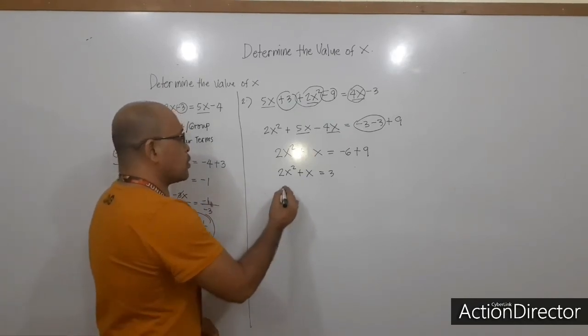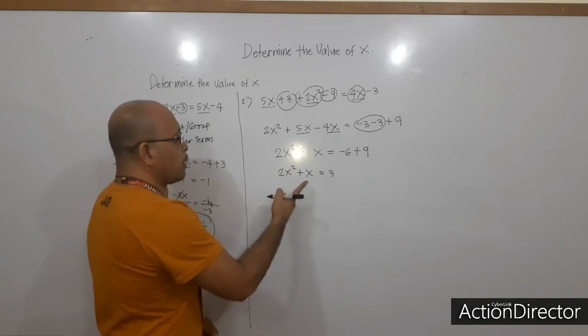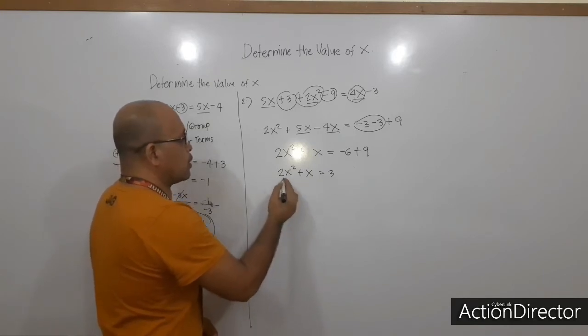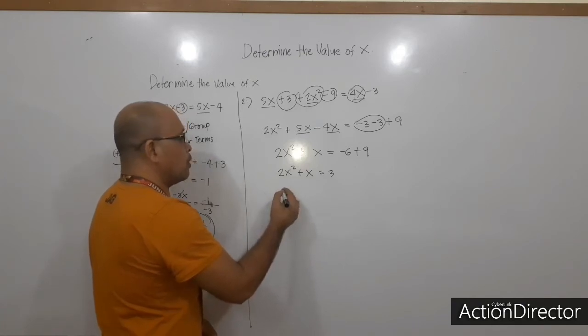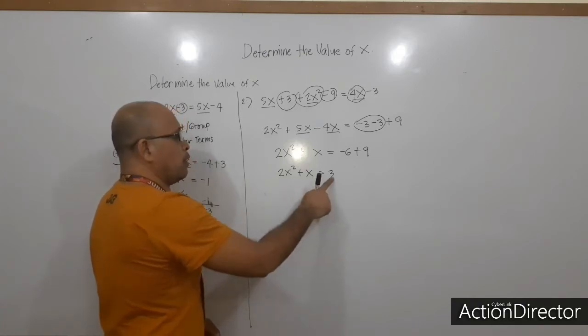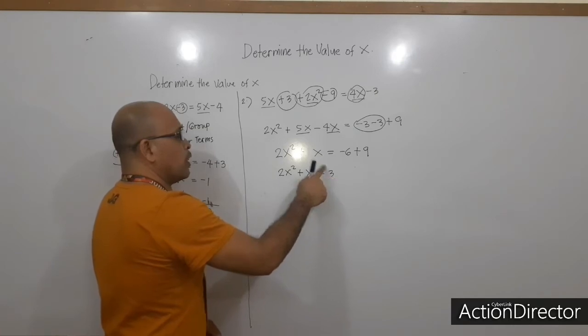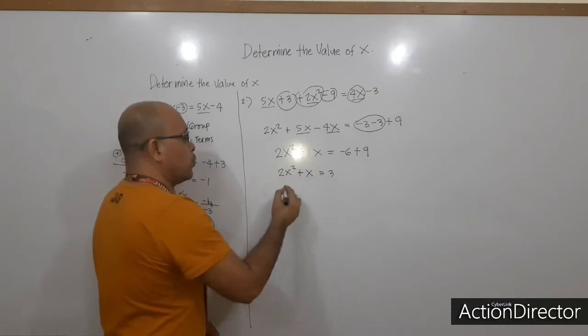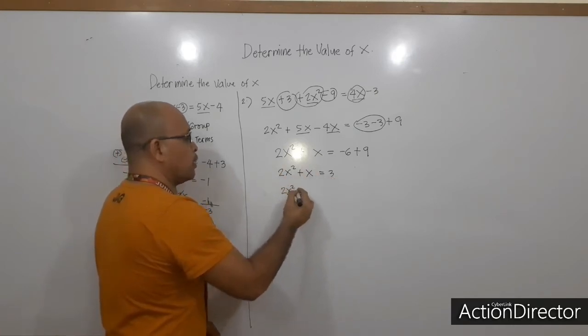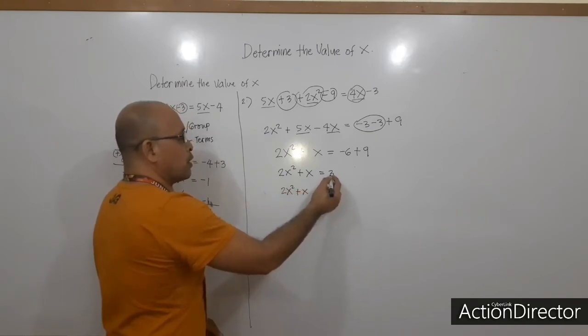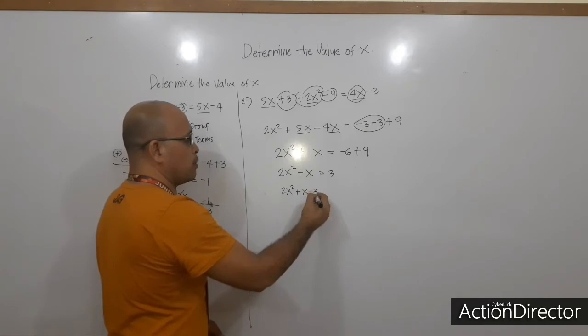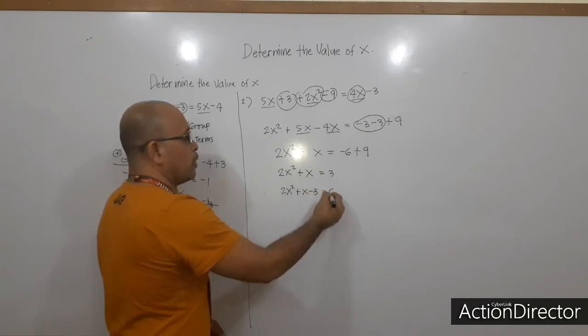Let's proceed. When you solve for the value of x here, this is now what we call the quadratic equation, and then you may transpose 3 to the other side. That will be 2x squared plus x, and since it is positive here, it will become minus 3, equal to 0.